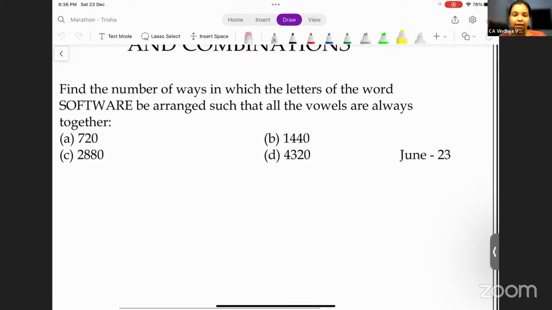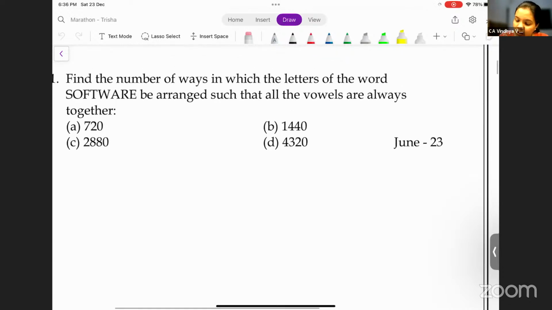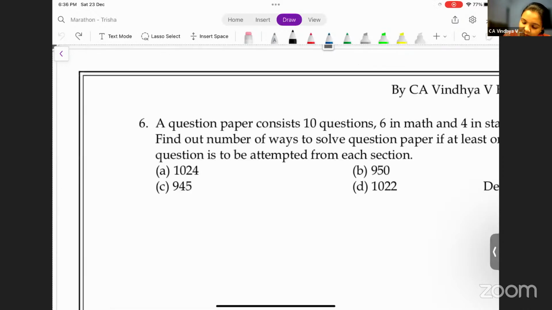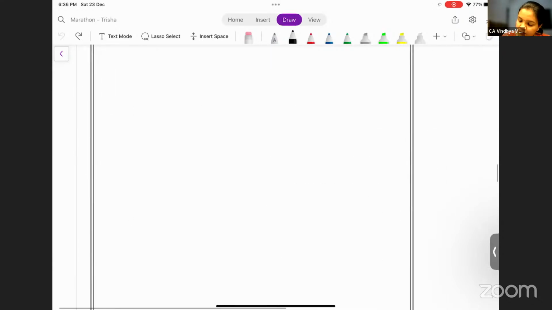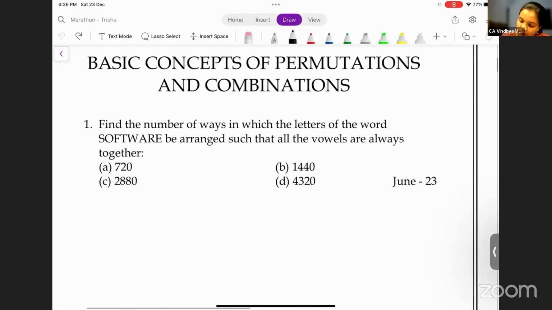Find the ways in which the letters of the word software can be arranged such that all the vowels are together. Now, in the word software, what are the vowels? O is a vowel. What is the next vowel that we have here?